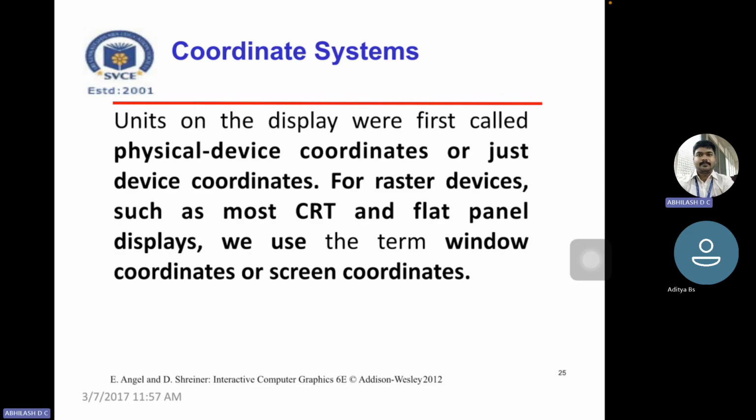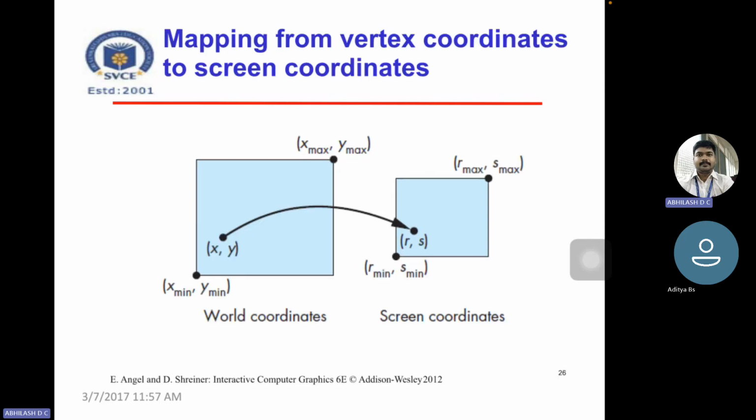Because we have x and y minimum to x and y maximum, which you can see on the left hand side in the world coordinates. In the screen coordinates, whatever has been sent from x and y has been converted or shrunk to rs minimum to rs maximum. So this is important: mapping from the vertex coordinates to the screen coordinates.